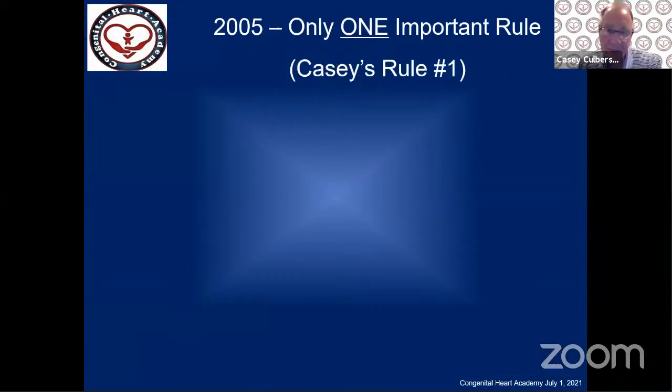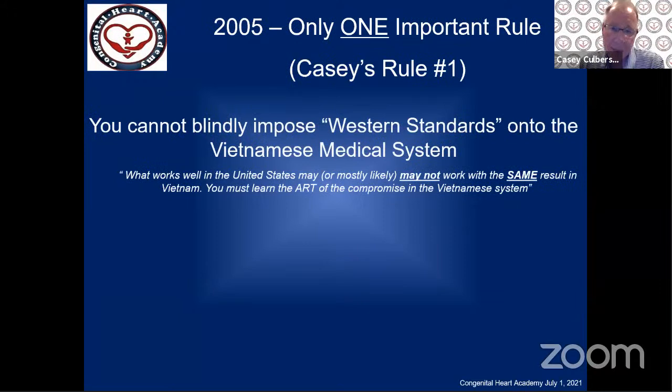And from that, I actually found really one important rule, and this is probably the take-home point from this entire lecture. It turned out to be Casey's rule number one, that you cannot blindly impose Western standards onto the Vietnamese medical system. And for this webinar, you could probably take Vietnamese out and put in any low middle income country's medical system. What works well in the United States may or most likely will not work as well or with the same results in Vietnam.